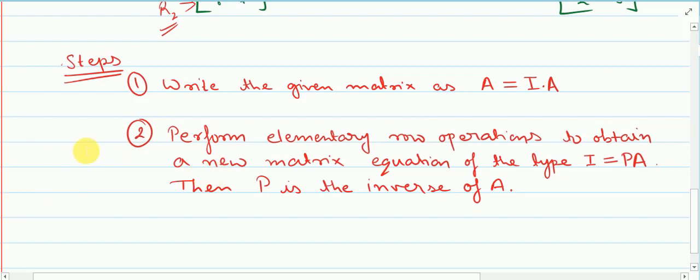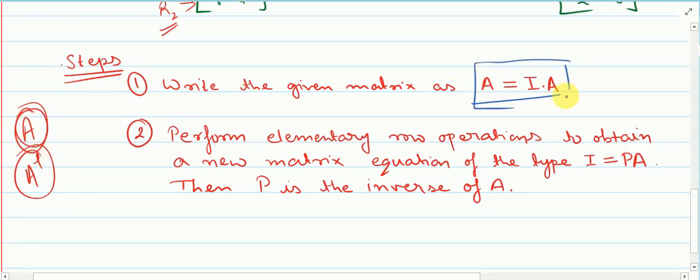Now what are the steps while finding the inverse of a matrix using row transformation? Suppose you have been given a matrix A and you have been asked to find its inverse. Then you take that matrix, and it should be written like this.